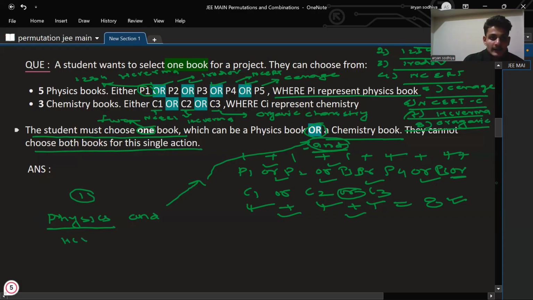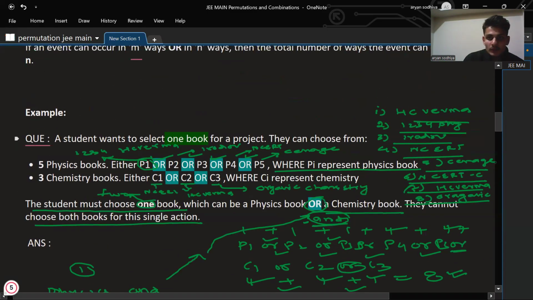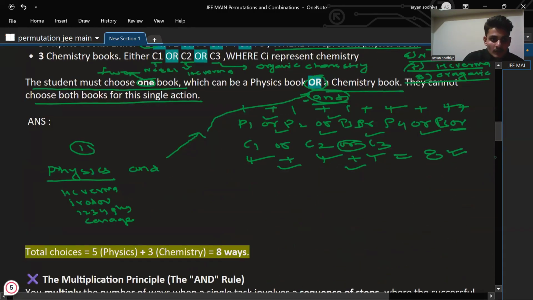Either I can select S.C. Verma or Errodo or 1, 2, 3, 4 physics or Singhal, as we have listed here, these 5 books of physics, or NCERT. So I'm using the "or" keyword again. Please notice that "or". So I would add to select one physics book.